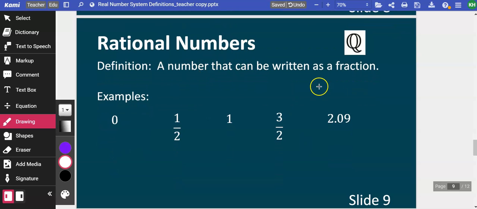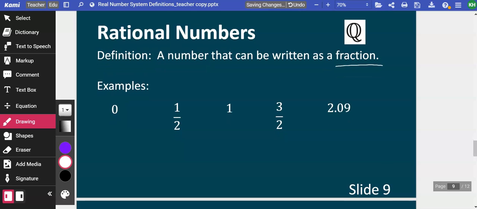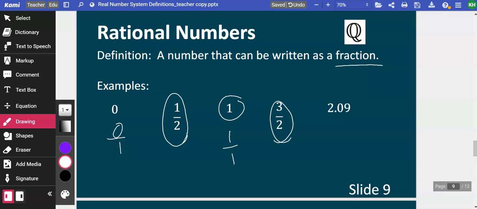All right, rational numbers, a number that can be written as a fraction. All right, 0 is an example of an integer, so you can write that as a fraction by putting it over 1. 1/2 is already a fraction, so we don't have to change it to a fraction. 1 to write as a fraction, you put it over 1 because it's an integer. 3/2 is already a fraction.